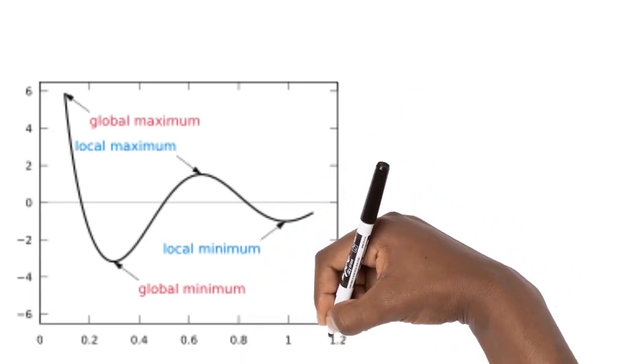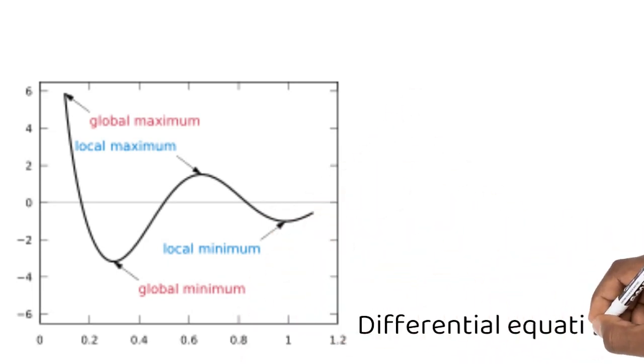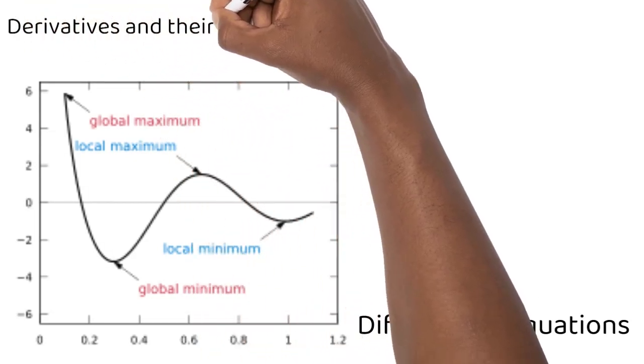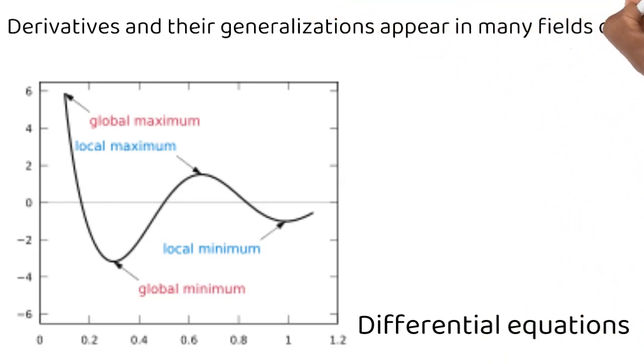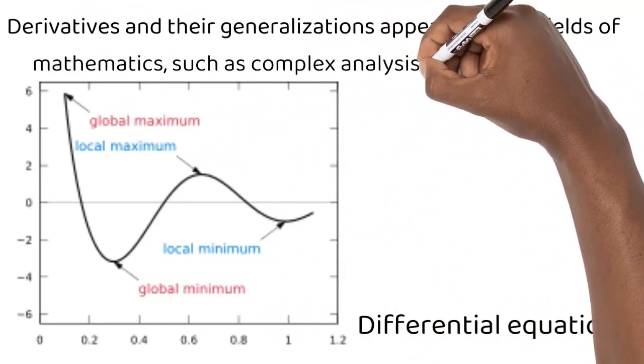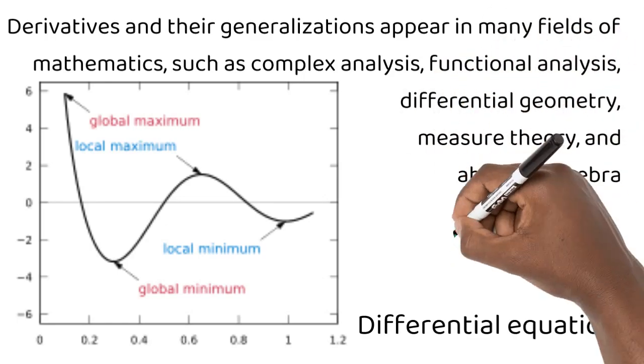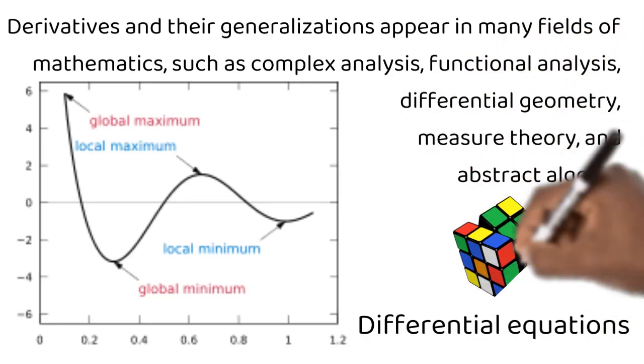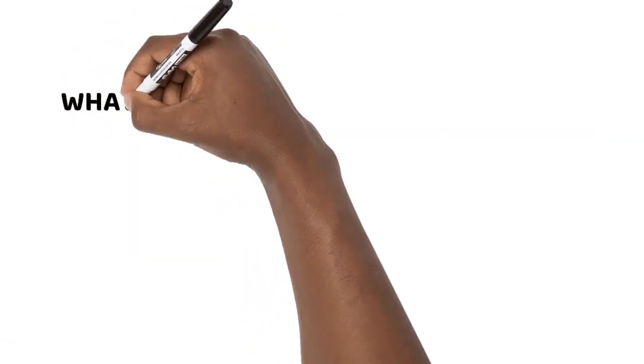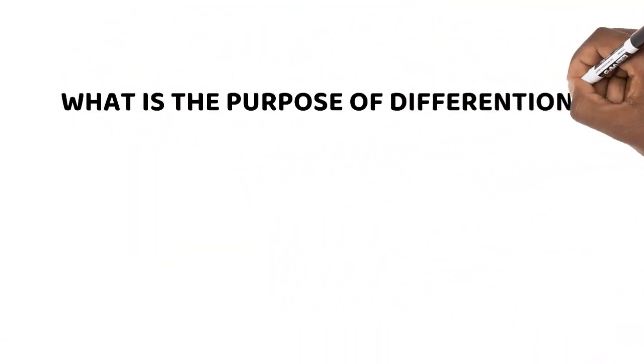Equations involving derivatives are called differential equations and are fundamental in describing natural phenomena. Derivatives and their generalizations appear in many fields of mathematics, such as complex analysis, functional analysis, differential geometry, measure theory, and abstract algebra. What is the purpose of differentiation?